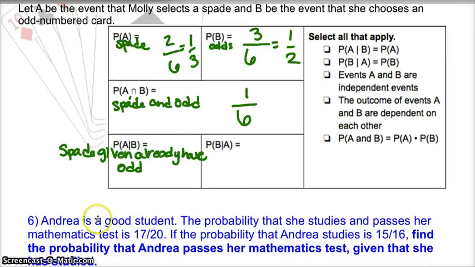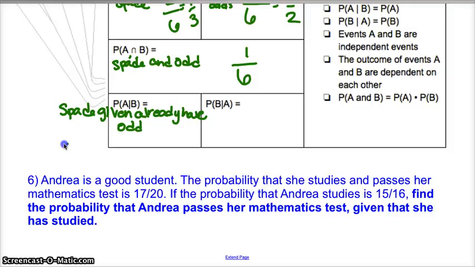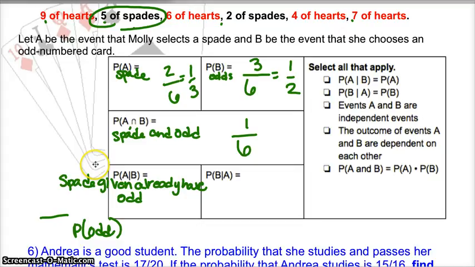So what we're doing is limiting our sample space to include all of those that are odd. So how many are odd? 9, 5, and 7. So there are 3 that are odd. Here's an odd, here's an odd, here's an odd. How many of those odds are spades? 1 out of 3 of them.